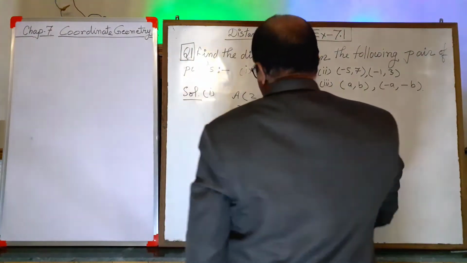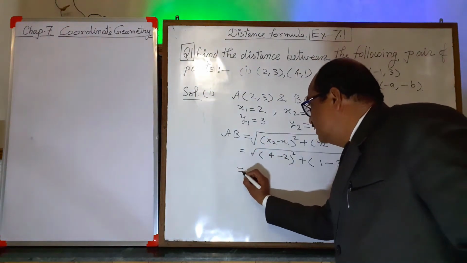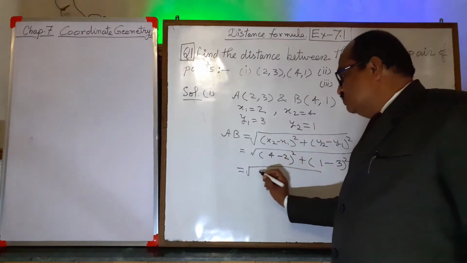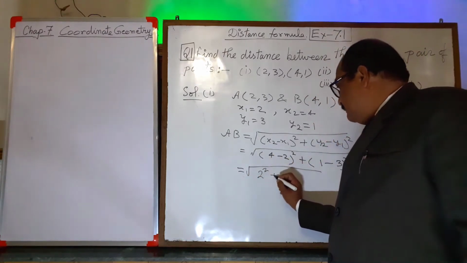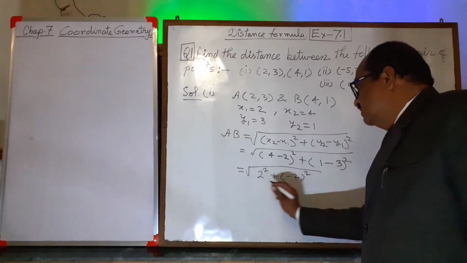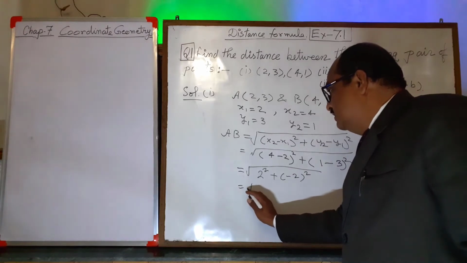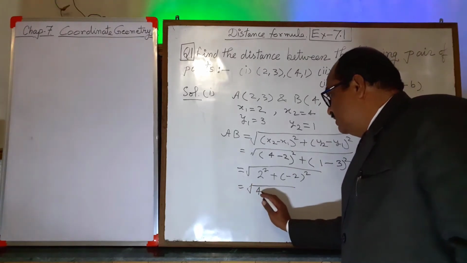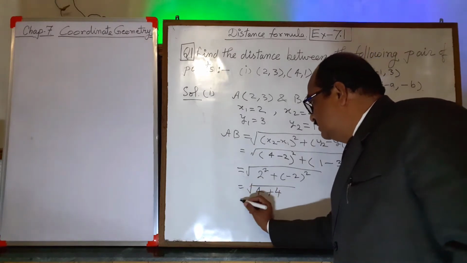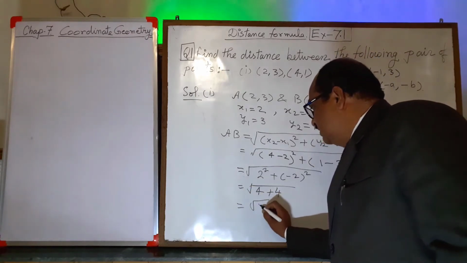So now you can simplify it. You may see it as 4 minus 2, 2 square, plus this is again minus 2 whole square. So you can write here 4 plus 4, and if you simplify it, you will get under root 8.